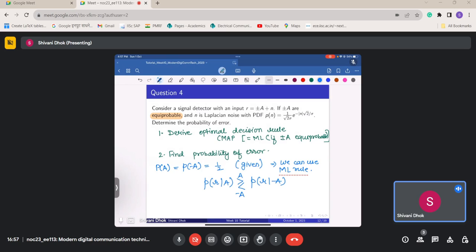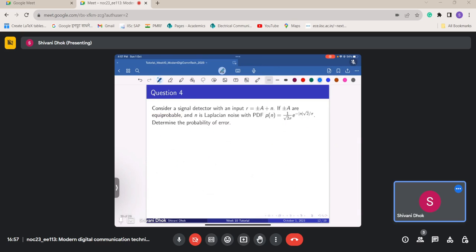Now let us find these two functions. Okay, so what we have is, let's say first, A is transmitted.